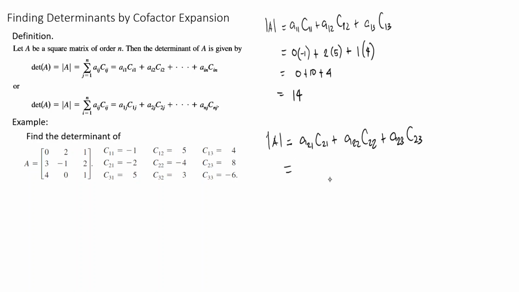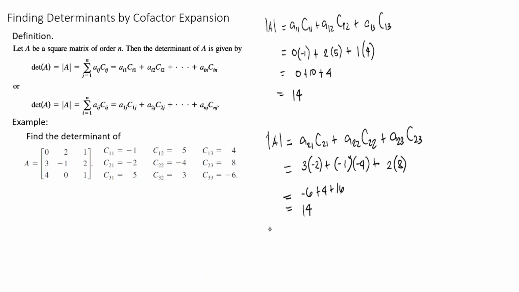This is the second row expansion. So this is 3 times negative 2, plus negative 1 times negative 4, plus 2 times 8. This is equal to negative 6 plus 4, then plus 16, which is equal to 14. So we got the same answer.